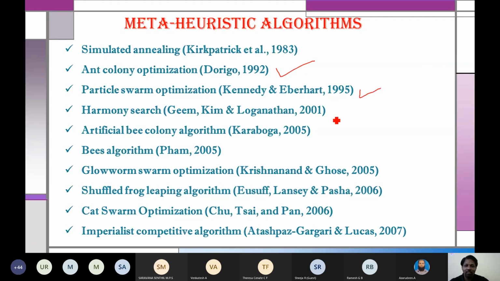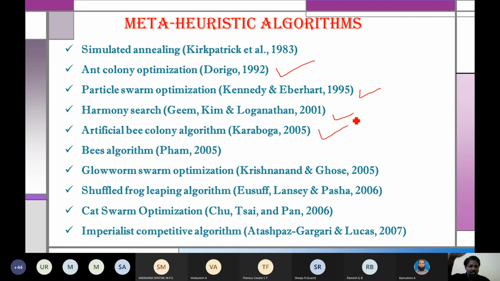Harmony search means how a musician creates better harmony, better music, and that is converted into an equation. Artificial bee colony, ABC, is based on how honeybees find food sources, that is, their foraging behavior.